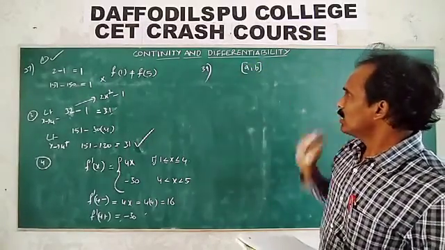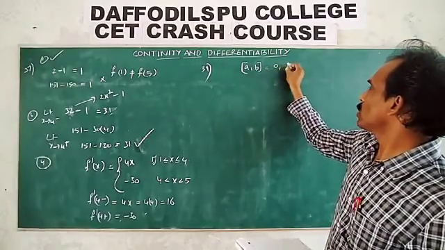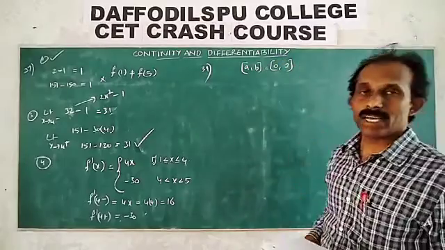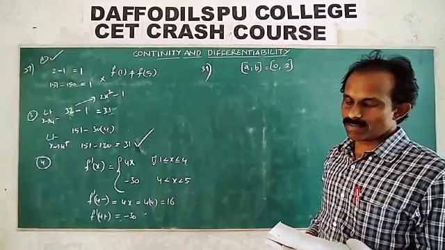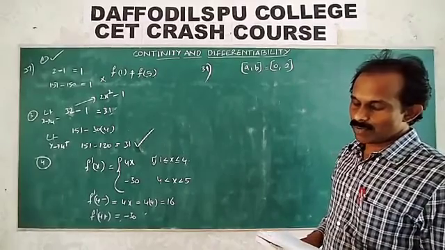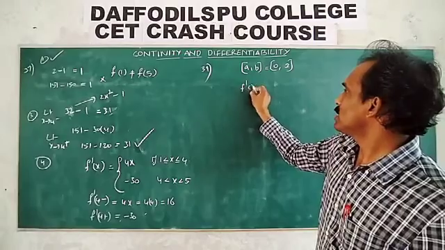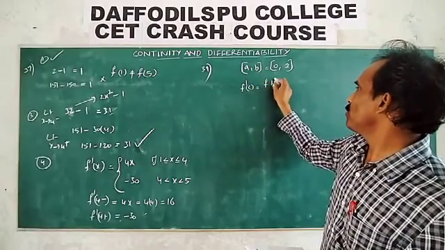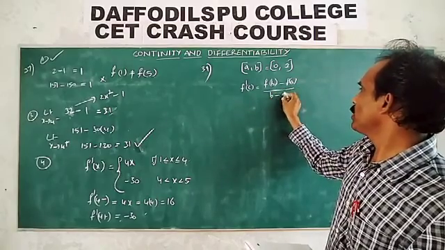Here the given interval is 0 comma 2, 0 less than or equal to x less than or equal to 2, where p is a constant. So f dash c is equal to f of b minus f of a divided by b minus a.